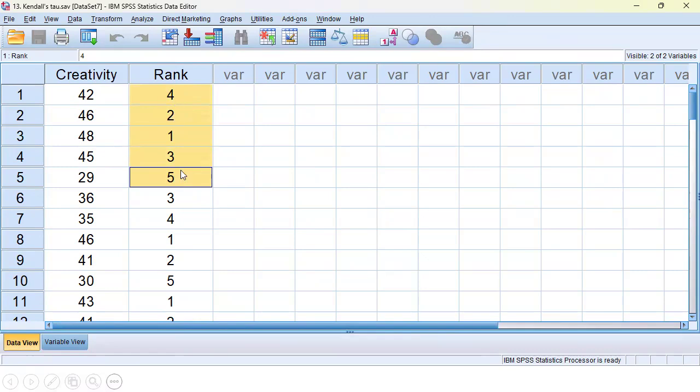So in one group, the rank is 1 and the creativity score is 48. The second rank holder means more rank, creativity less. So there is an inverse relationship. Here rank 1 means more intelligent and creativity more. So when your scores tie, then you can use the Kendall tau also.